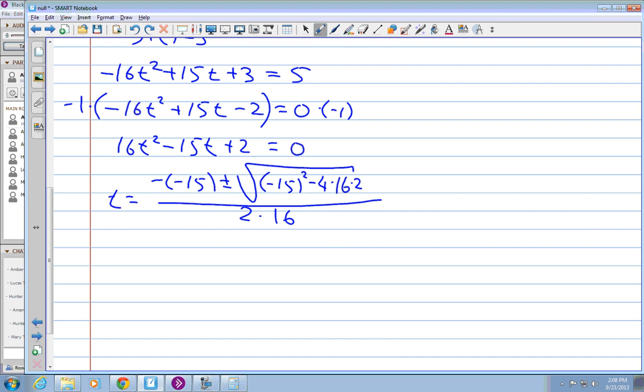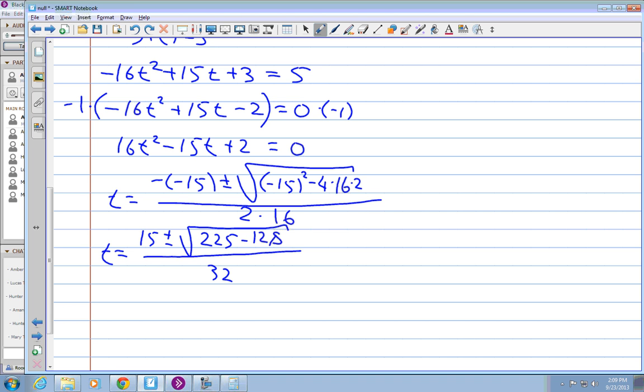Quadratic formula. So t equals 15 plus or minus the square root of 225, 15 squared, minus what? 128 over 32.